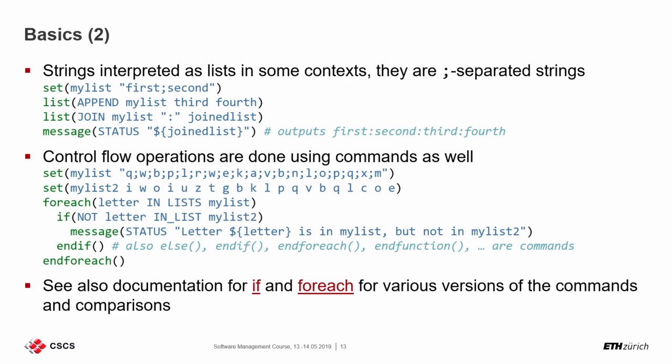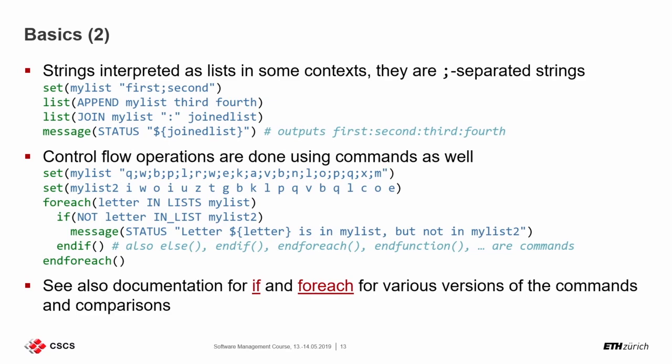There's another complication regarding variables and strings. So sometimes strings are interpreted as lists. So lists are just strings separated by semicolons. So in this example here, I create a list with two entries, first and second. I can append things to that list.